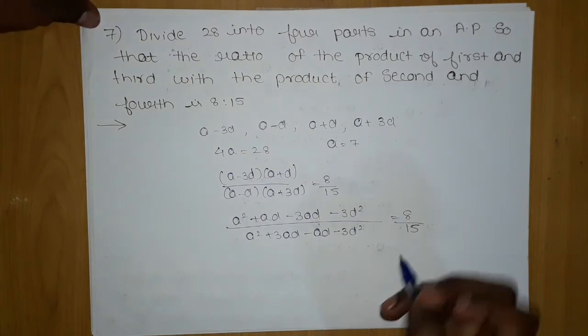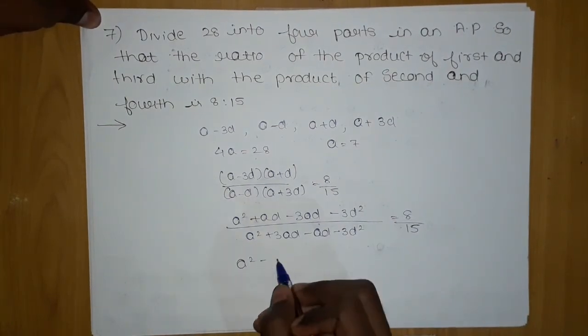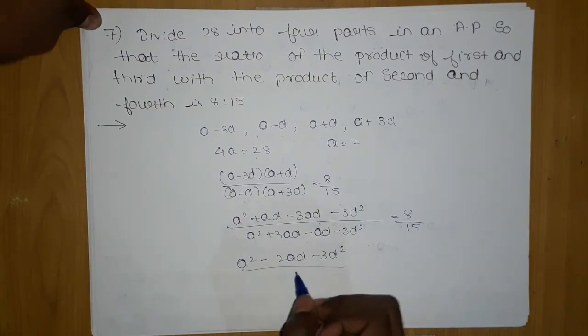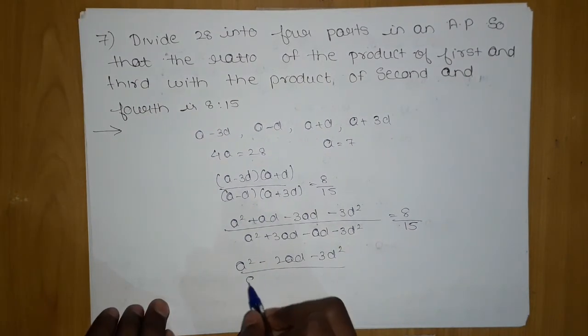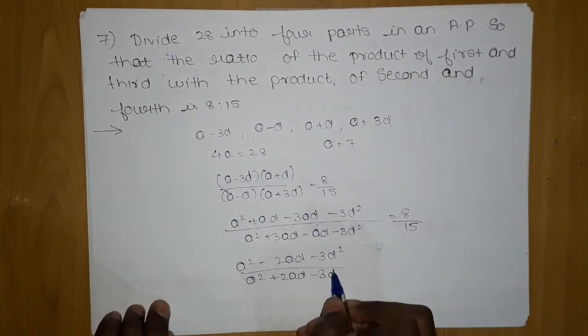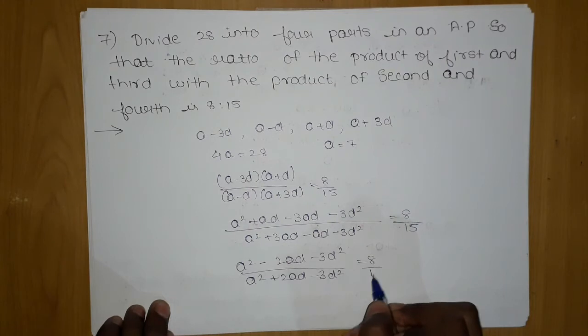Now, a square minus 2ad minus 3d square upon a square plus 2ad minus 3d square should be equal to 8 by 15.